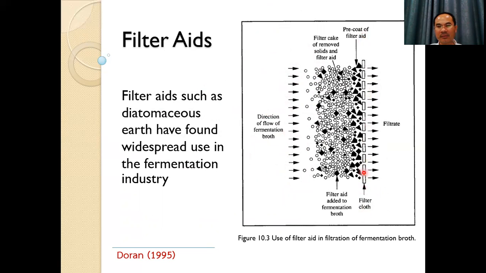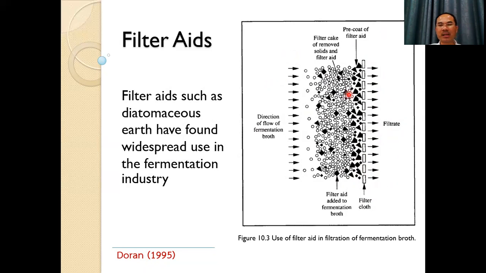For this, we use the filter cloth, which has some holes. The solid cannot pass through the holes; only the liquid passes through the holes of the filter cloth. The liquid that comes out of the filter cloth we call the filtrate, and the solid that deposits on the surface of the filter cloth we call the filter cake.